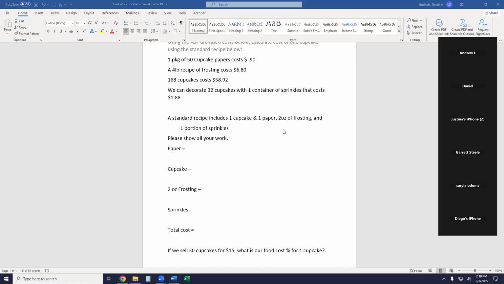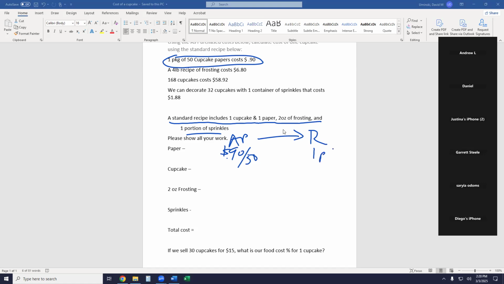Okay. So the first thing we want to look at is our standard recipe: 1 cupcake, 1 paper, 2 ounces of frosting, and 1 portion of sprinkles. That's going to be our recipe side. And then we have our AP side. For our paper, our AP is 90 cents per 50 papers, and we need 1 paper.